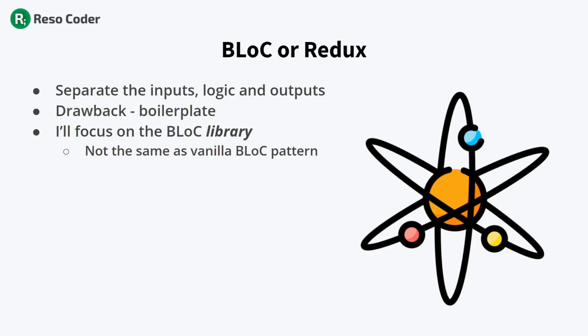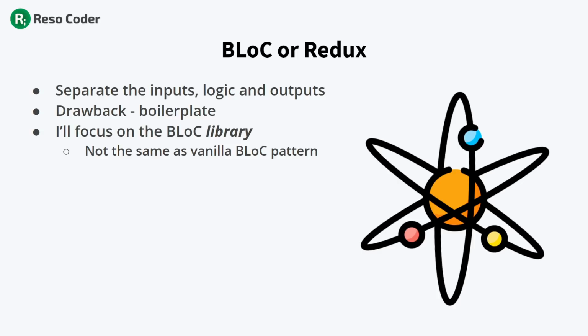Their basic premise is to separate inputs, logic, and outputs into separate classes, or functions in the case of Redux and reducers. As you're going to see in just a bit, this fact mitigates all of the issues which are outlined when we talked about ChangeNotifier or MobX or States Rebuilder.